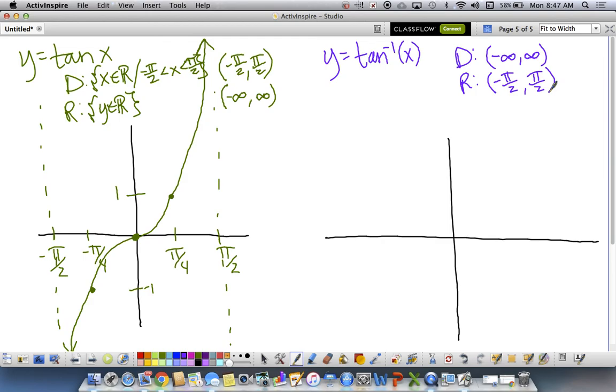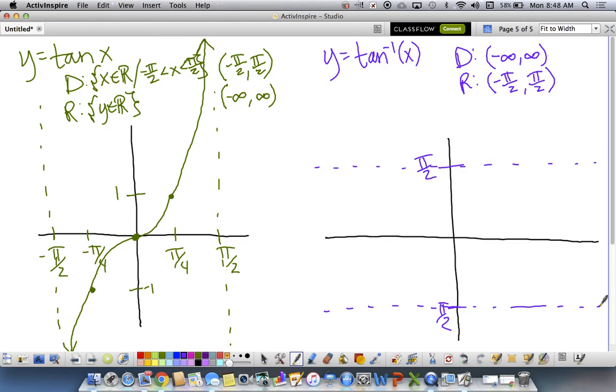Alright, so what does this graph look like? Domain and range. Domain, everything. Range, what are we going up and down to? Asymptote at pi over 2 going horizontally, and at negative pi over 2 going horizontally.